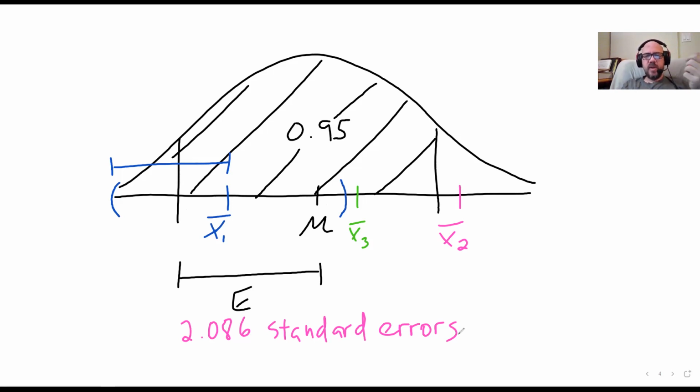So 95% of my sample means will fall in that range. That also means that if I go that same distance from the sample mean, 95% of all my sample means will have an interval that includes mu. The idea is that if x1 bar is within 2.086 standard errors of mu, then mu is also within 2.086 standard errors of x1 bar. So the confidence interval that we make is this right here.